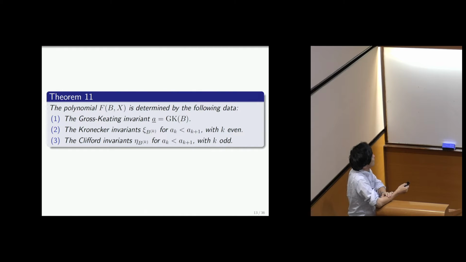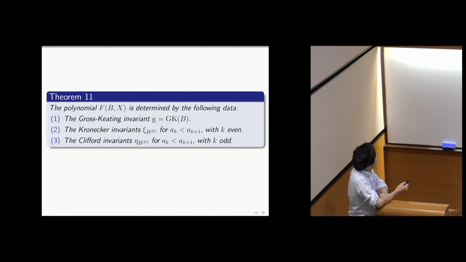Okay. So now I explain the relation of the Siegel series and the Gross-Keating invariant. The polynomial F of B, X is determined by the following data. One is the Gross-Keating invariant of B. Two is the Kronecker invariant xi of B_k for A_k smaller than A_{k+1} and k even.